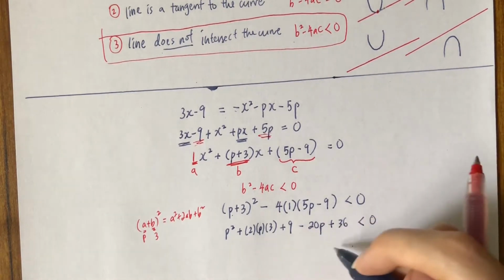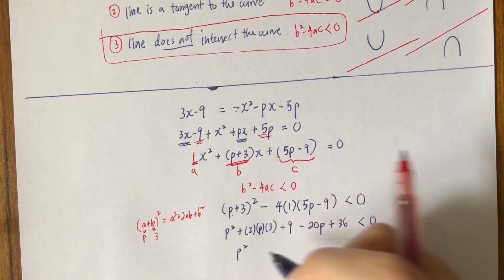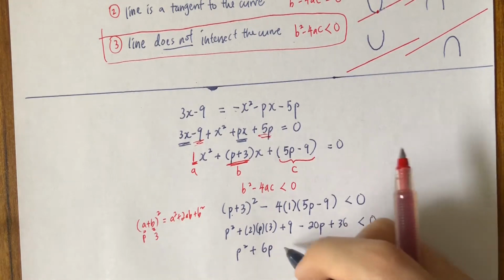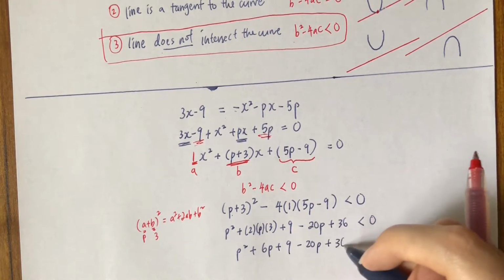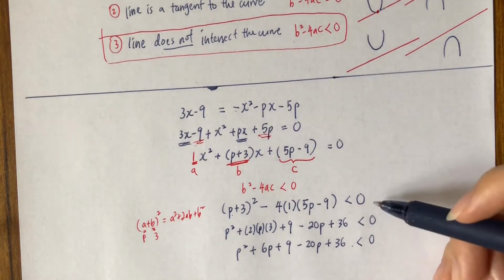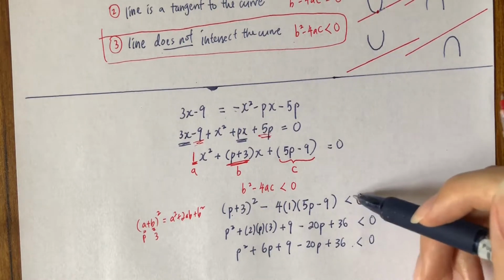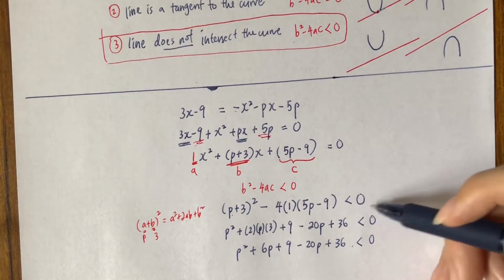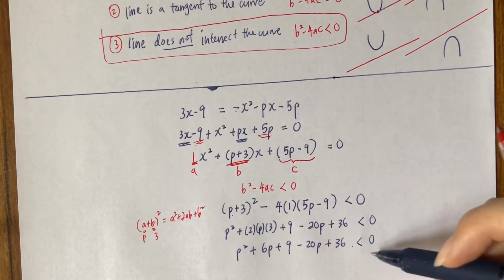So now we will simplify this expression on the left. p squared plus 6p plus 9 minus 20p plus 36 lesser than 0. Some students might have the tendency to forget to write this inequality sign on the right hand side. So please do watch out and remember to write this down.